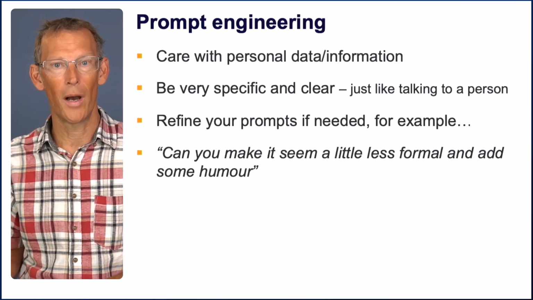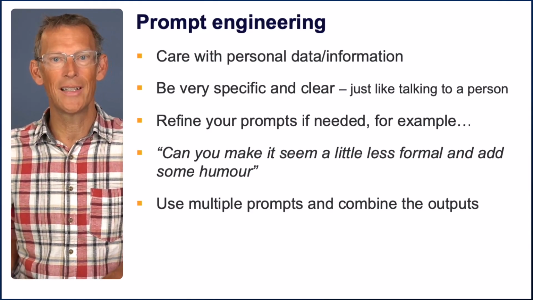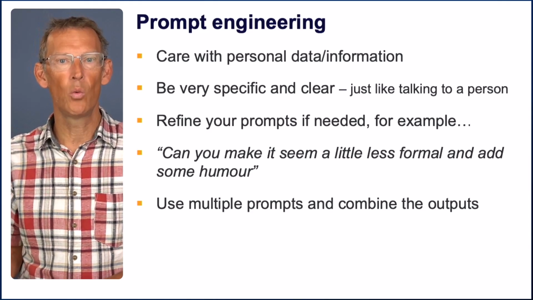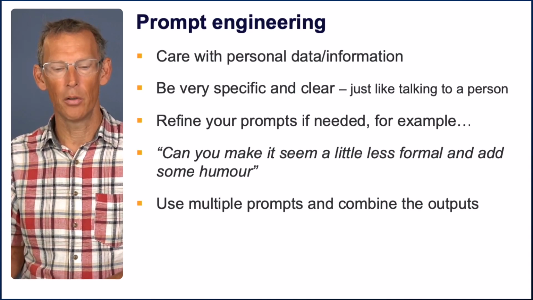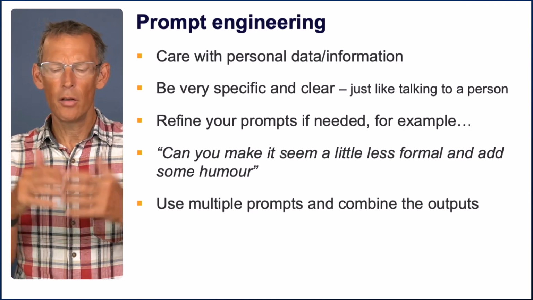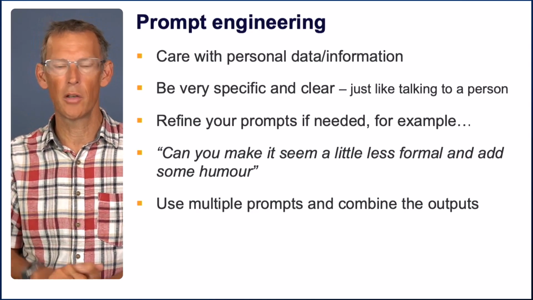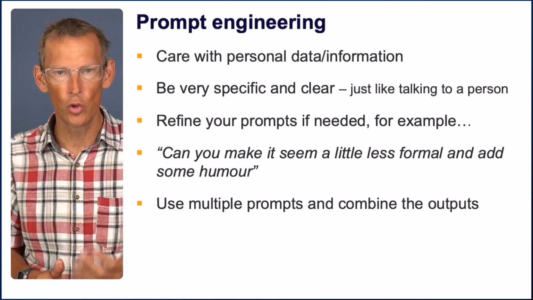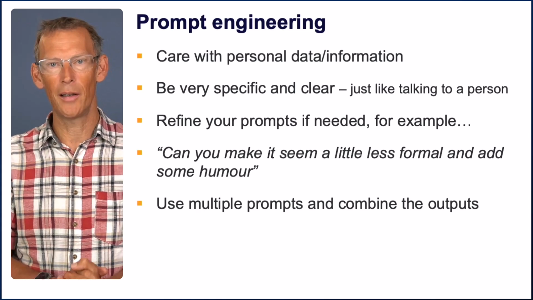And we'll talk more about that in a later video when we look at how we can really use follow-up prompts well. The other thing that we can do, and again, we'll look at this later, is sometimes you'll want to create multiple prompts and combine the outputs. If you really go into advanced prompt engineering, you'll hear lots of terms like one-shot prompting, few-shot prompting, chain of thought, and I'll talk about that a little bit later.